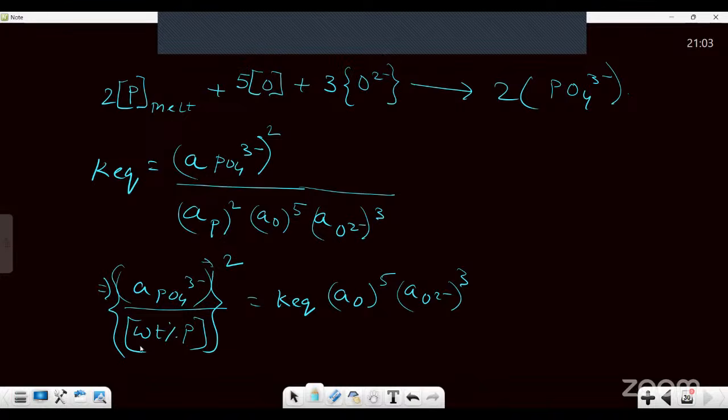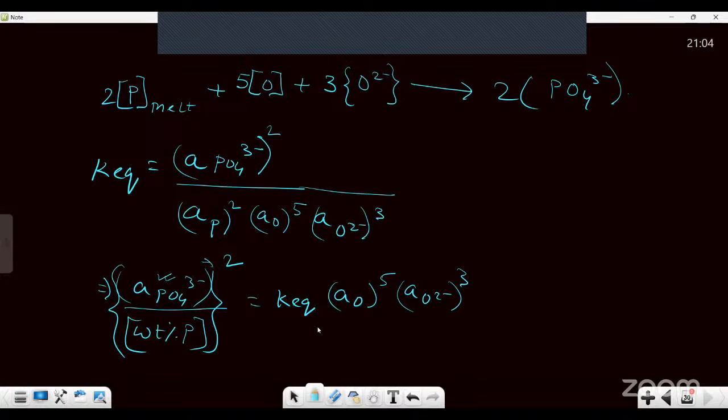Now, this is nothing but the partition ratio, or LP, because this is the phosphorus in the slag and this is the phosphorus in the metal. So when I'm talking about the partition ratio, this is how it is dependent.